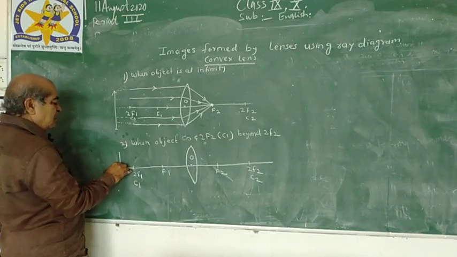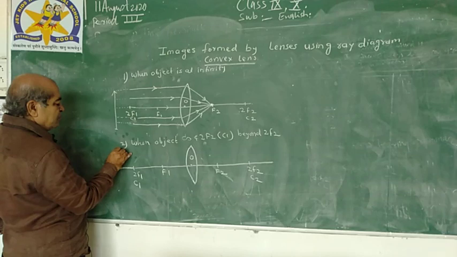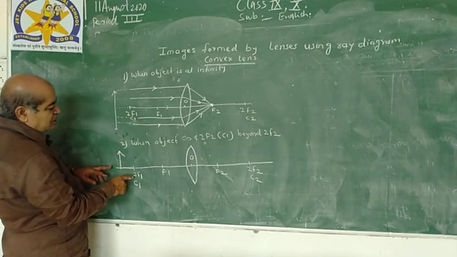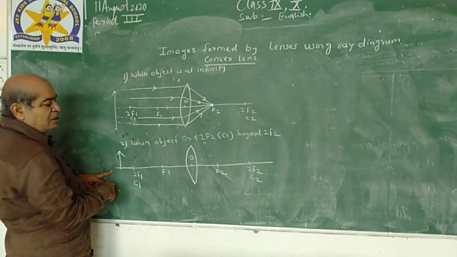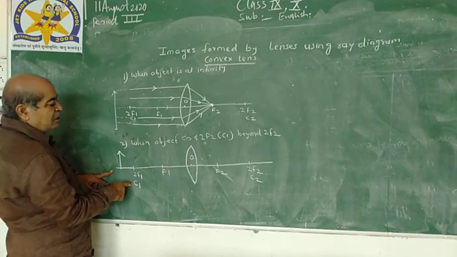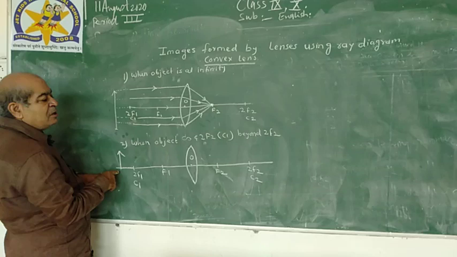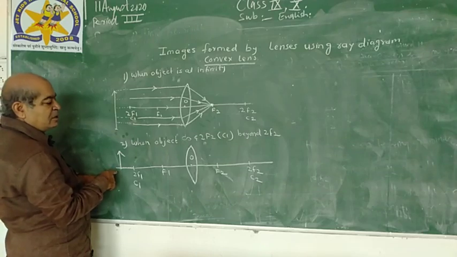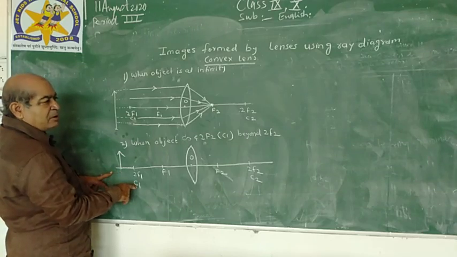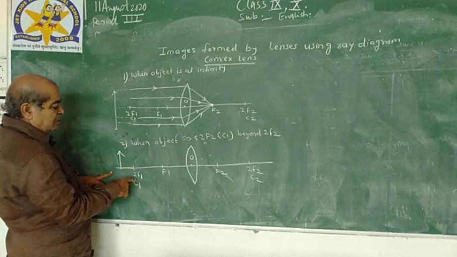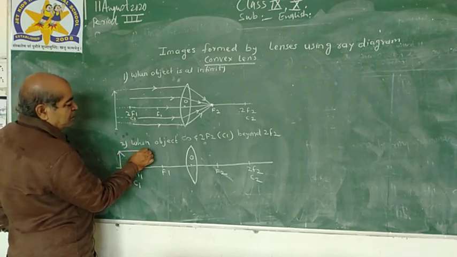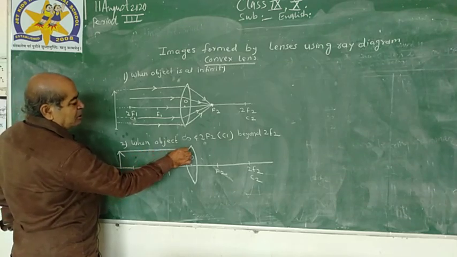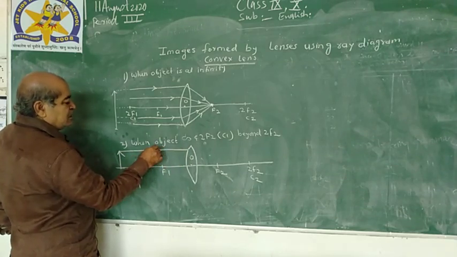So when the object is beyond twice F1, means beyond the center of curvature C1, or in between infinity and the center of curvature C1 or twice F1, then this is the ray of light parallel to the principal axis.